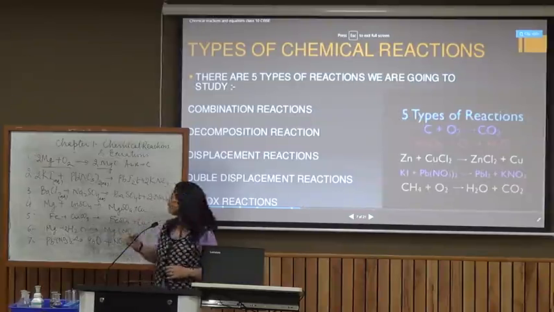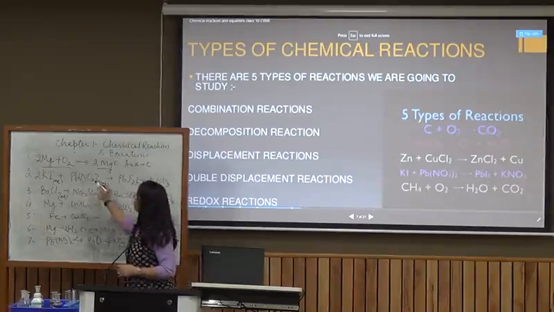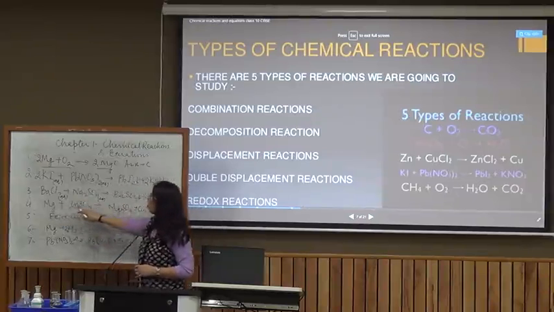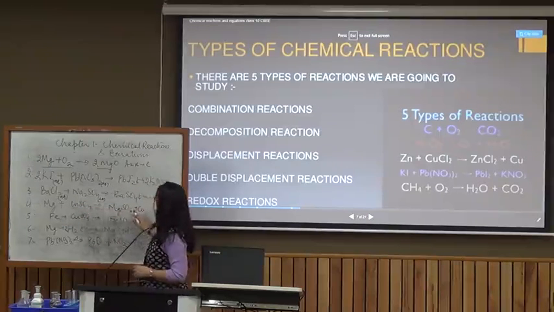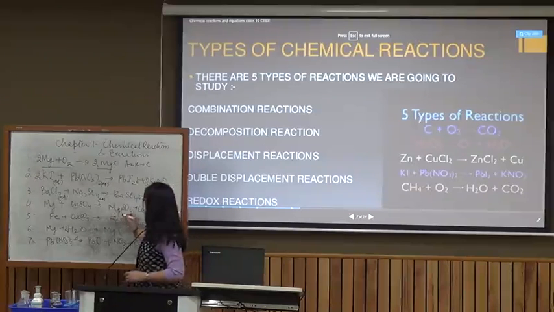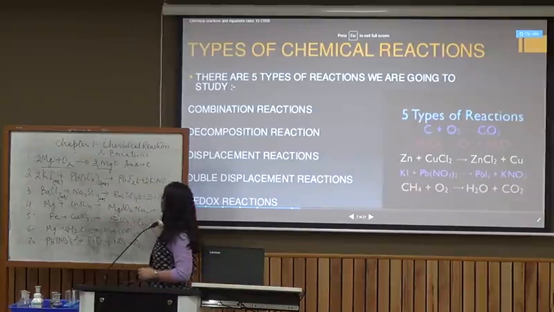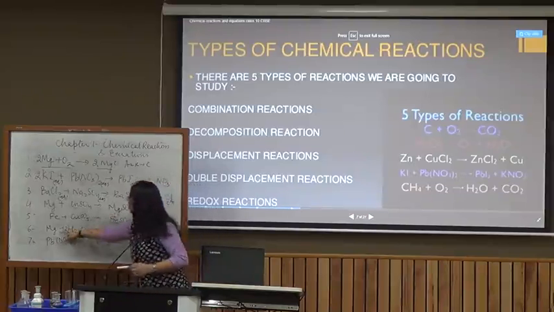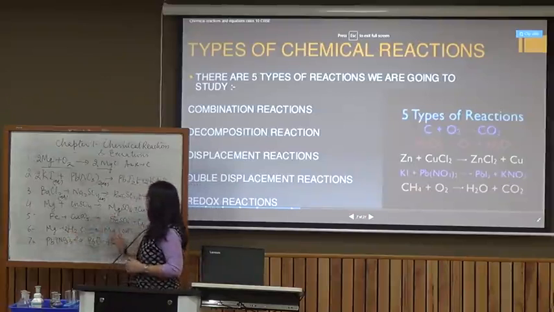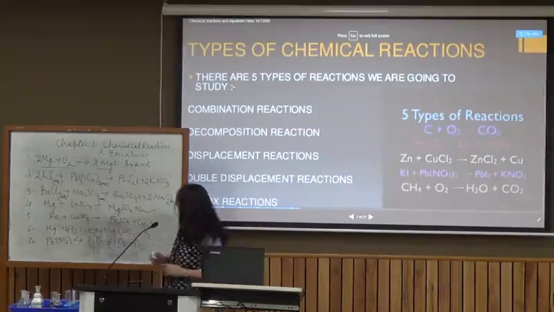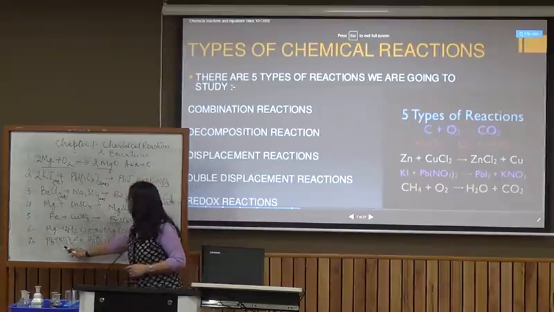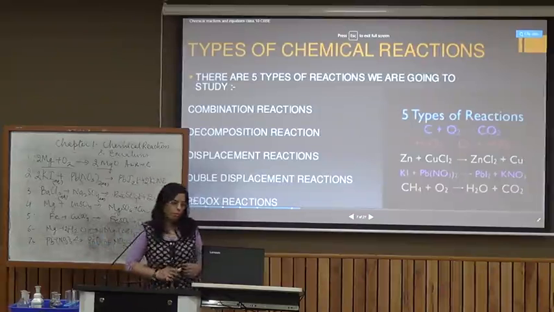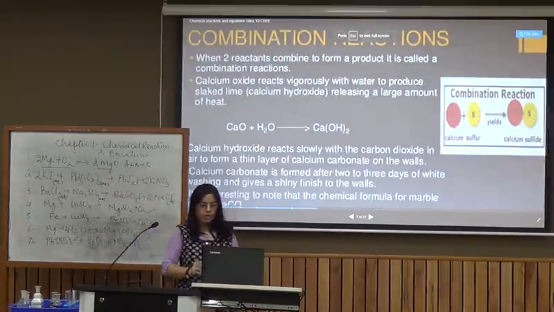So these two are cases of double displacement reactions, whereas in the fourth case, magnesium displaces copper metal or iron displaces copper metal from its salt solution, freeing the copper metal and forming a salt of magnesium or iron. Such reactions are displacement reactions. This one, magnesium displacing hydrogen from water, is also a displacement reaction, whereas the last one is a decomposition reaction. So these are the different types of reactions.